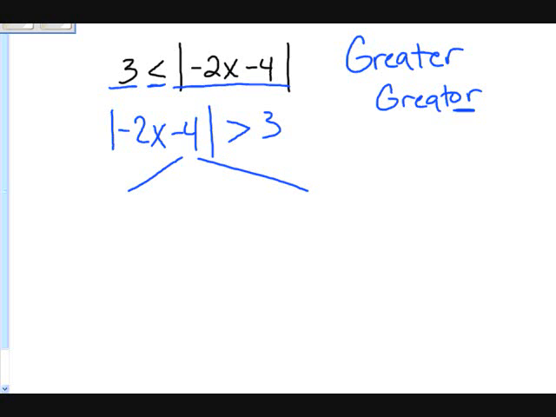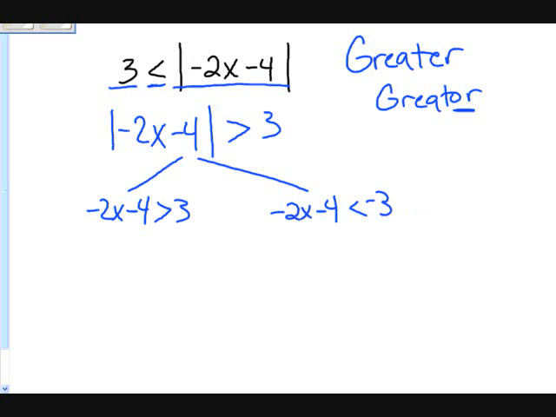And when we split this, we have negative 2x. Remember, you do not change anything inside the absolute value bars. Is greater than 3. So it looks just like the first equation, just without the absolute value bars. Now when we write this the second time, we have negative 2x minus 4. So still don't change anything. And then here's where we flip this to a less than symbol because we're changing it to a negative 3.